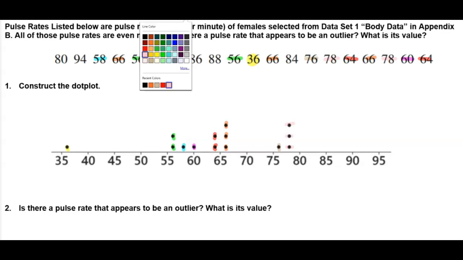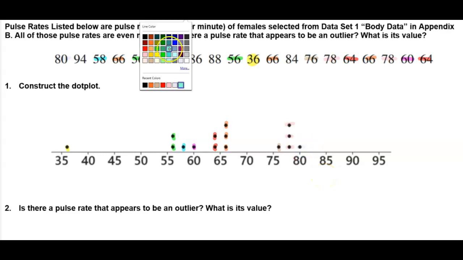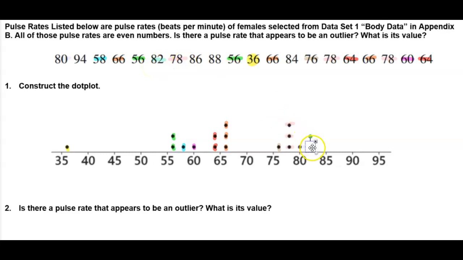Now the next one: after 78, we have 80. So we have 1 at 80. And then the next one, we have 82. So we have 1 at 82, which is right there. And then we have an 84, right before 85.